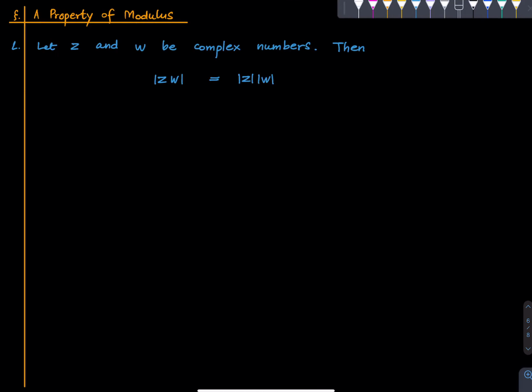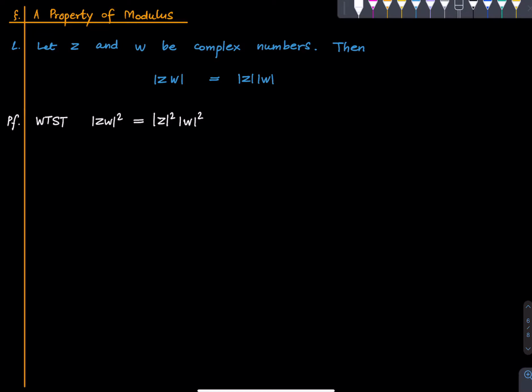So now let's prove this. This thing is equivalent to showing that the squares of both sides are equal. So we want to show that the squares are equal, and that is really the important thing to note. One can prove it via the very basics, but I will be going this route.